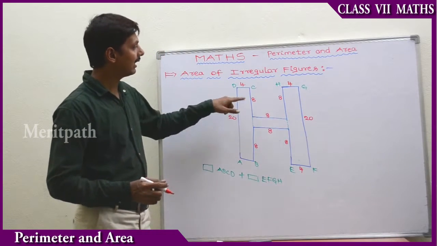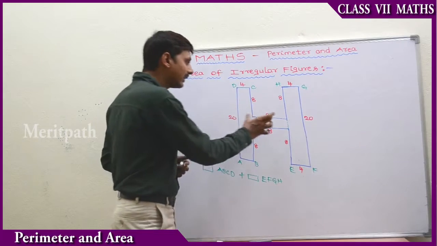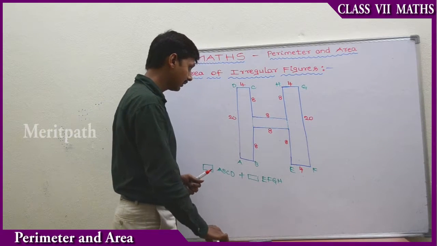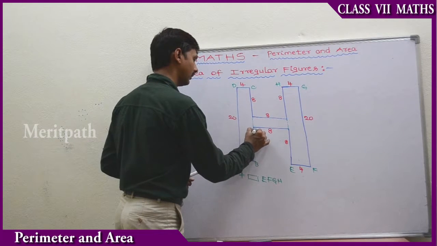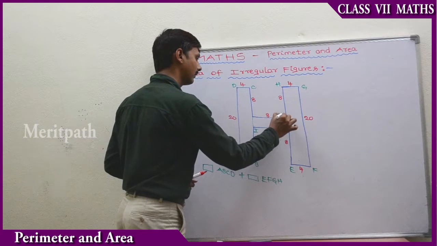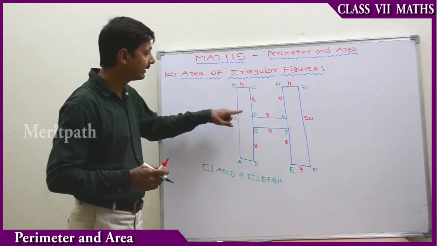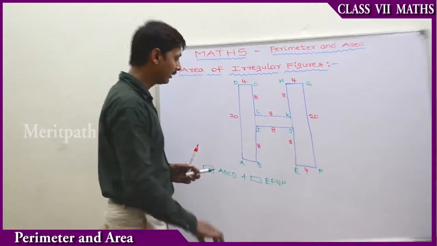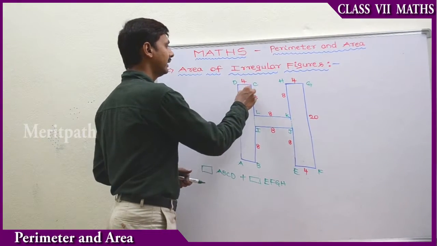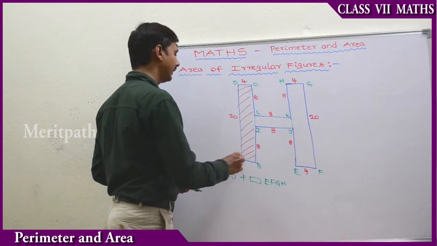Other than these two rectangles, we have some other rectangle, IJKL, which is also another rectangle. When we join this, let's shade each with a color so we can observe very easily.